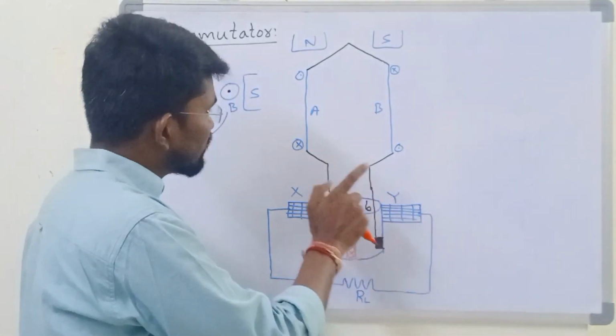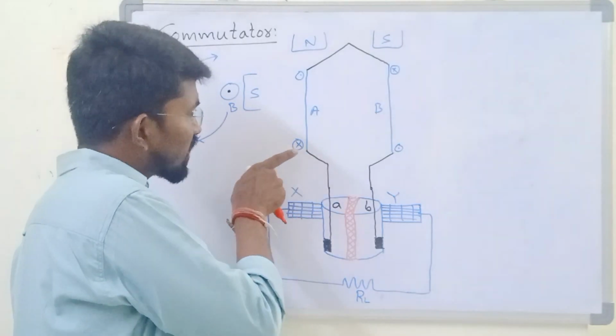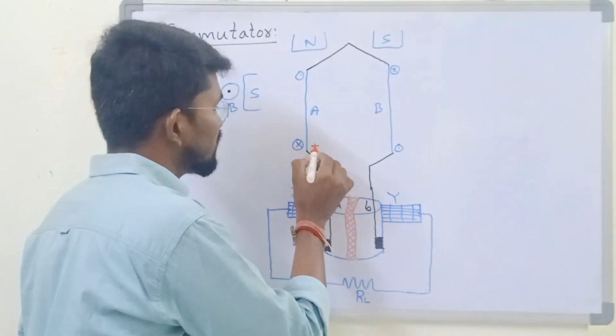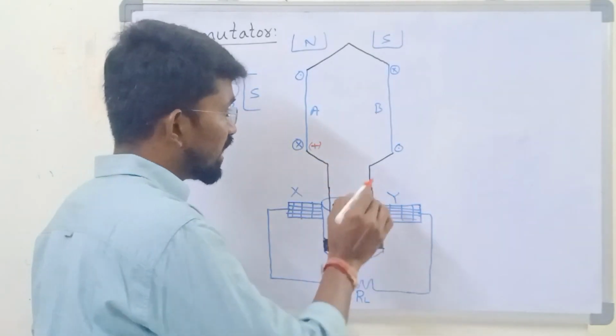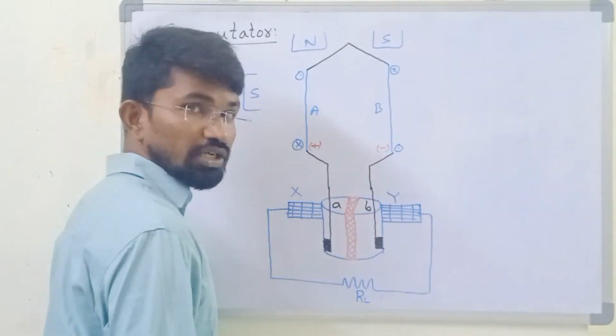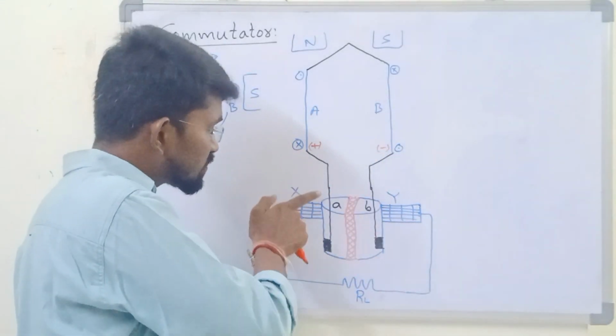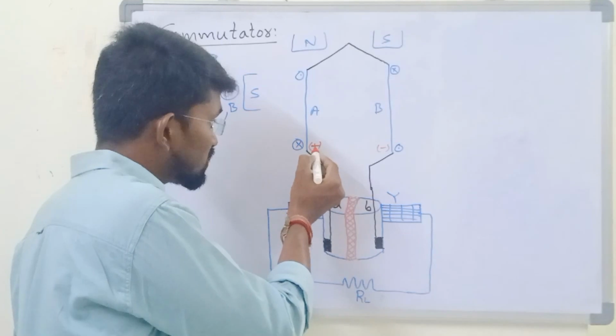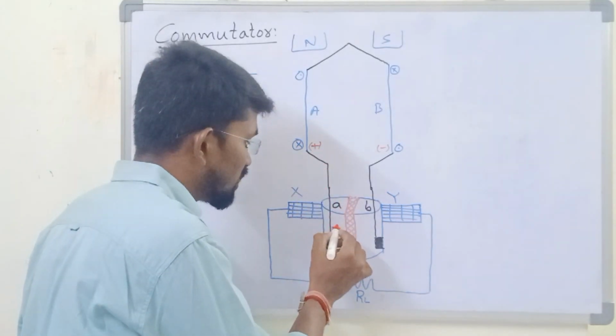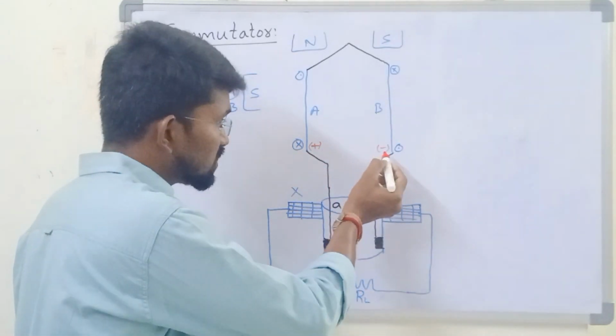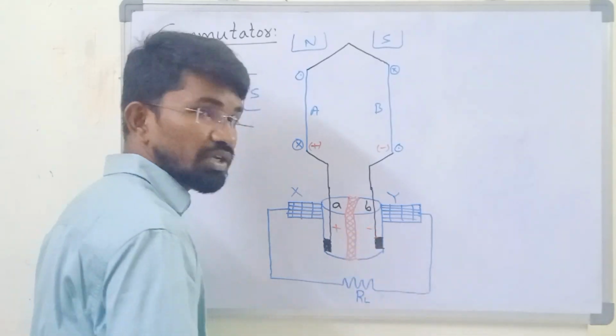Now from the starting of the lectures, we are observing that cross polarity means we are always taking it as positive, and dot polarity means we are taking it as negative. We are saying that conductor A is permanently connected to segment A and this is positive polarity, and the same positive polarity will appear here, and as this is negative polarity, the same negative polarity will come here.